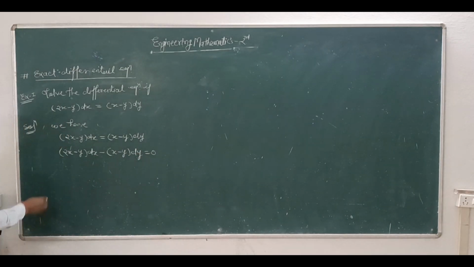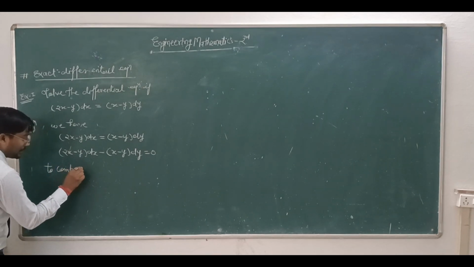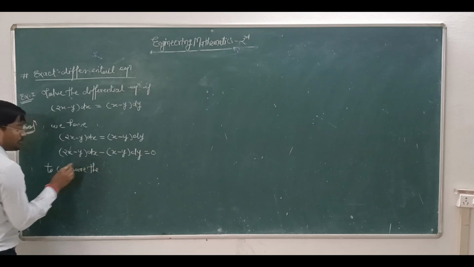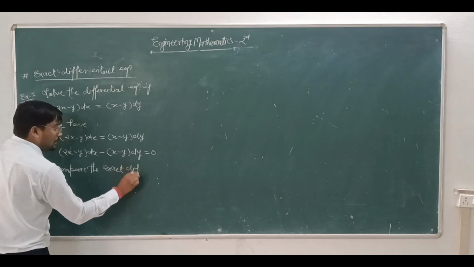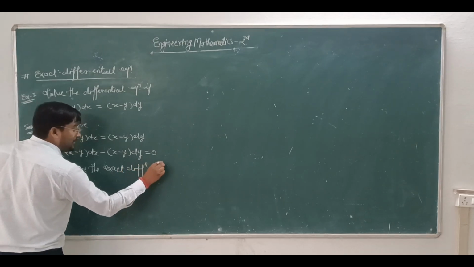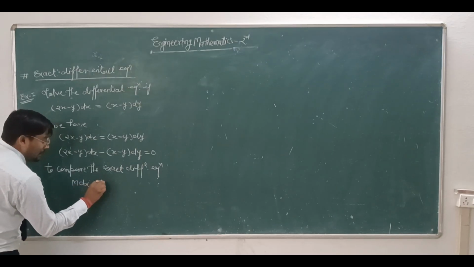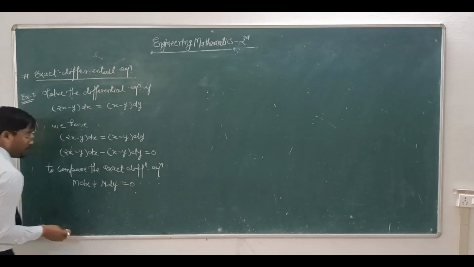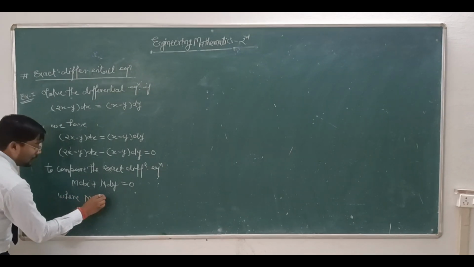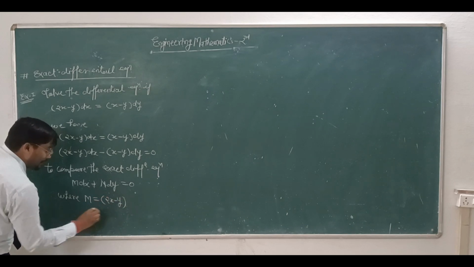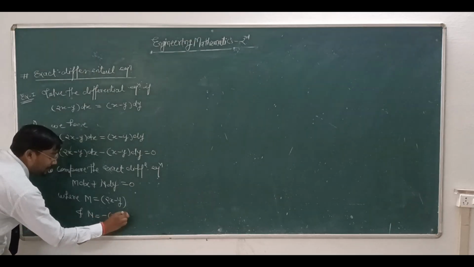First, compare with the exact differential equation M dx plus N dy is equal to 0, where M is equal to 2x minus y and N is equal to minus (x minus y).